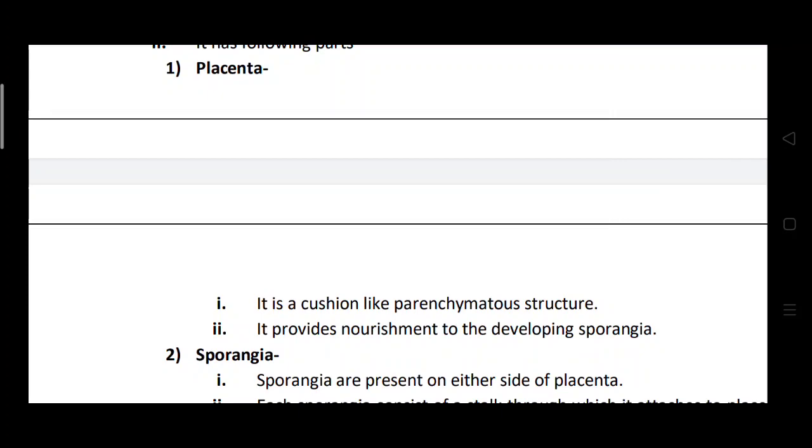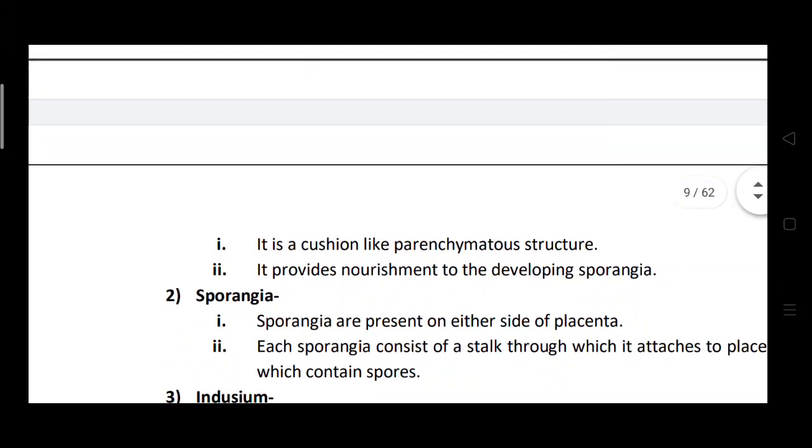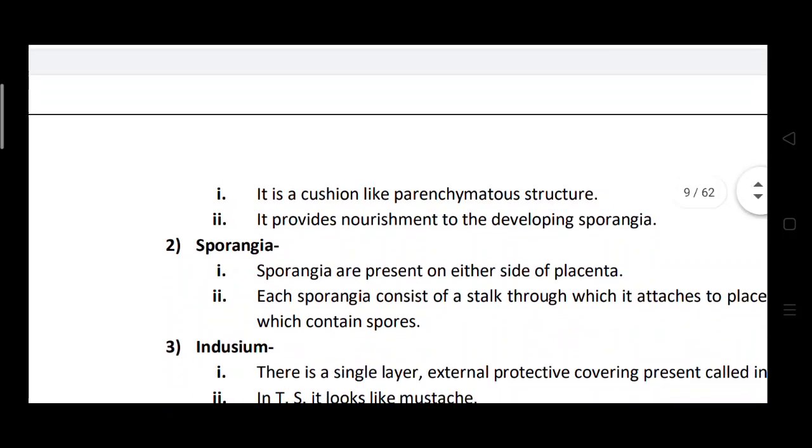The first one is the placenta. The placenta is like a cushion and it is made of parenchymatous tissue. This placenta provides nourishment to the developing sporangia, and it provides a cushion-like structure. The second part is the sporangia.